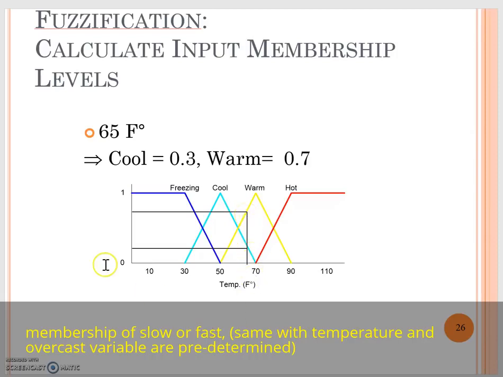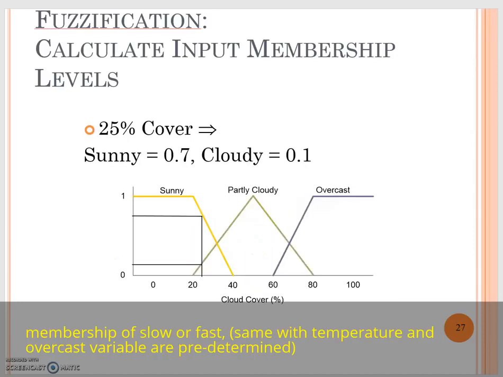Next we work out the other attribute, that is the cloud cover, 25% cloud cover. Again, we project a line here at 25% cloud cover, and it intersects with the green line at 0.1 cloudy. The green line belongs to cloudy, partly cloudy.